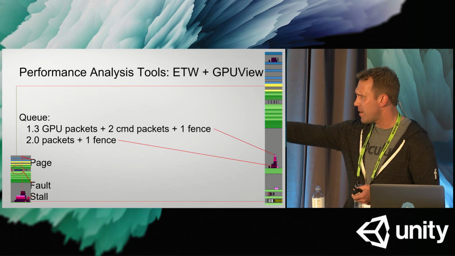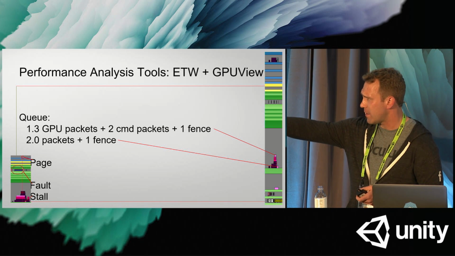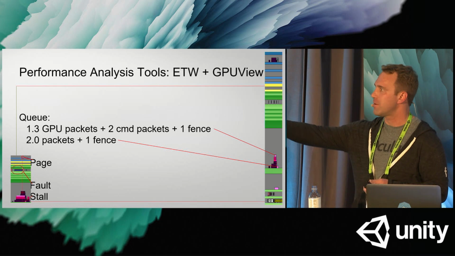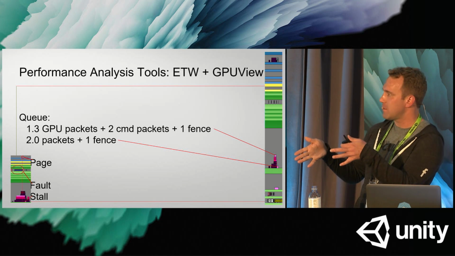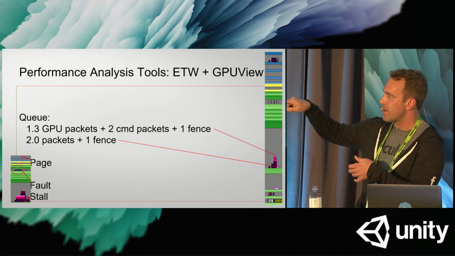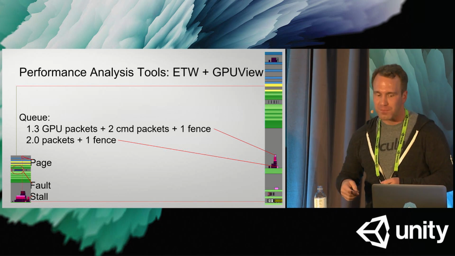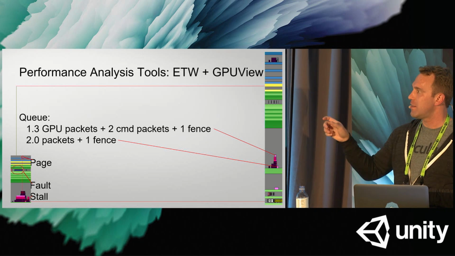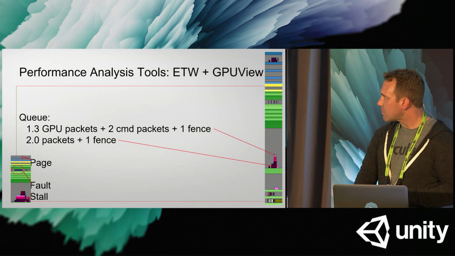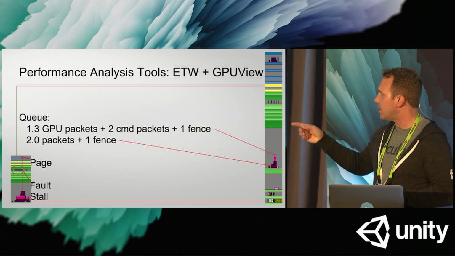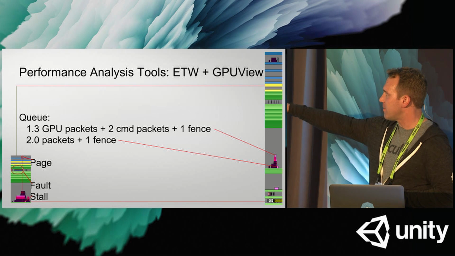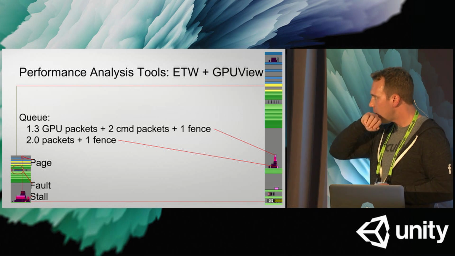And then the purple work on the bottom spawns some GPU work. The bottom queue is the CPU. If I showed you the whole screenshot, which I did before, you'd be able to see that one of those gray areas is the CPU queue, and the top gray area is the GPU queue. By clicking on the packets, you can see the dependencies between them. But then you can see that the fence waits until everything else is drained and then disappears.